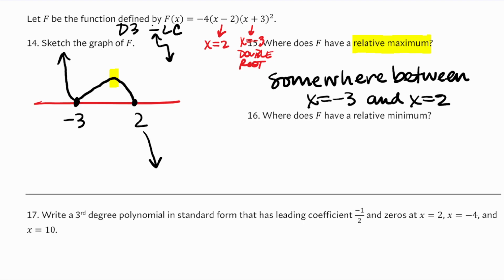And then as far as a relative minimum, and by relative minimum I'm talking about this point, I'm going to say, oh, yeah, that's happening at x equals -3, based on the graph. Okay, and I guess that'll be good for that one.